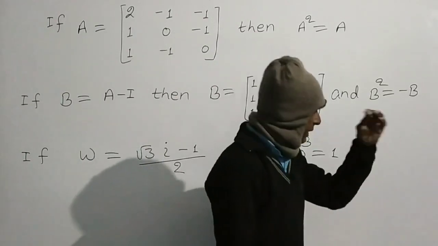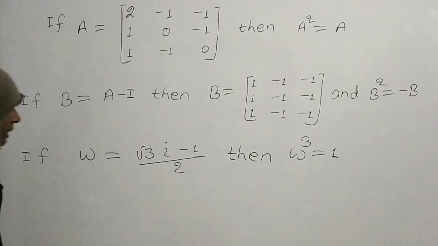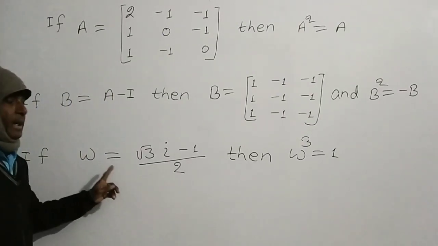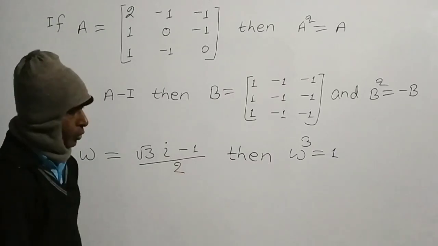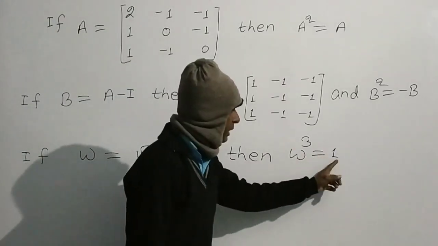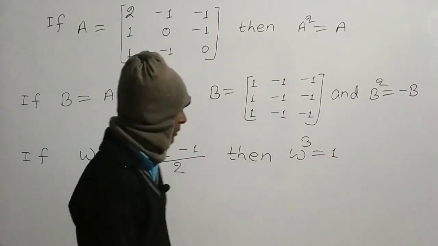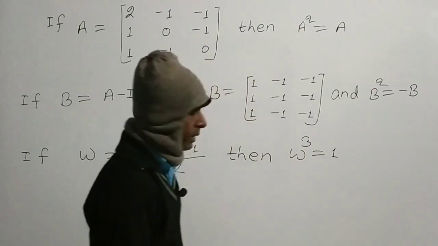I will explain this also. If omega is equal to root 3i minus 1 by 2, then omega cube will be equal to 1. I will also explain this.